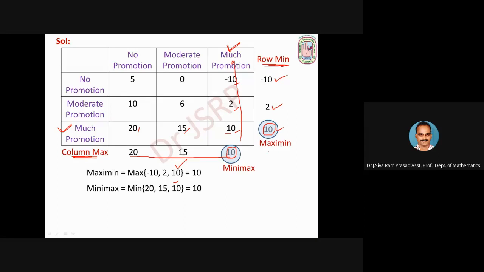Okay, so observe, the maximin value equals the minimax value. So the game has a saddle point. So the firms follow pure strategy. If the game has a saddle point, then the players follow pure strategies.